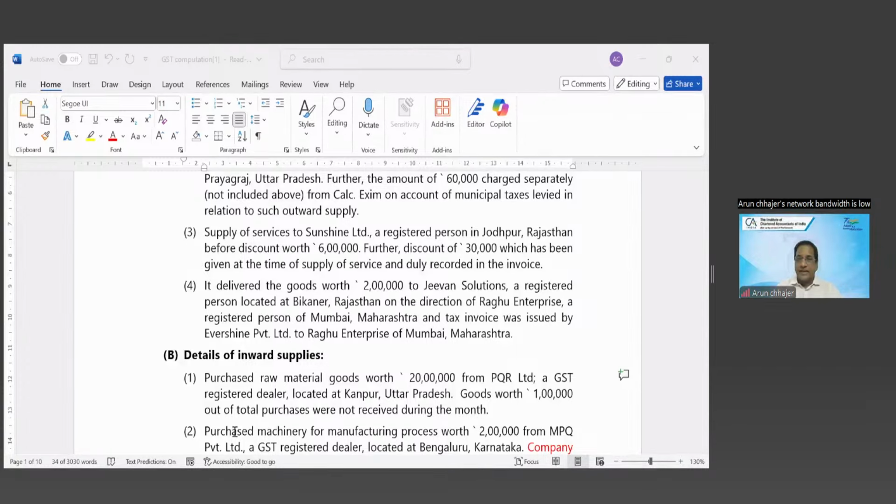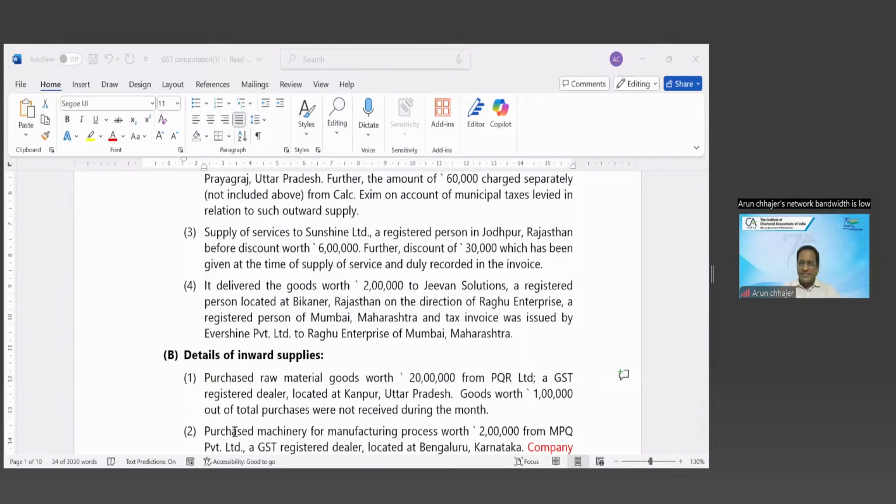In that case, would you agree, Navneet, and Mrs. Savia Khan, please confirm. Can I avail the ITC of 19 lakh? Answer is yes. On 19 lakh, now ITC would be available.